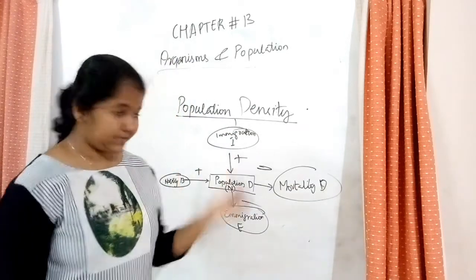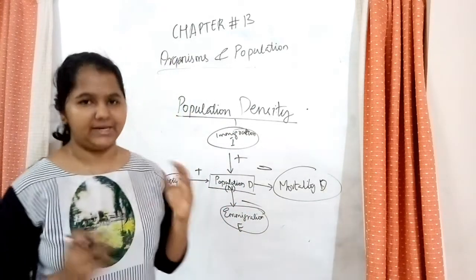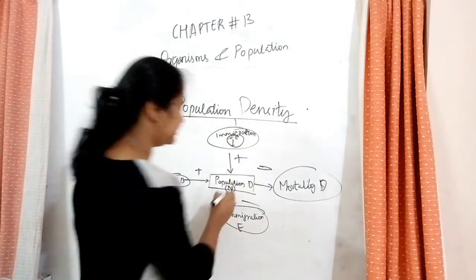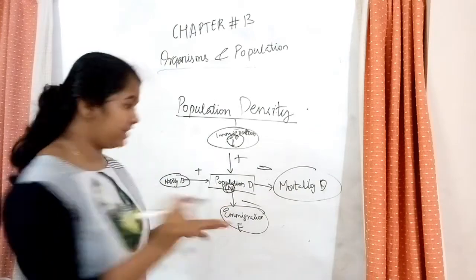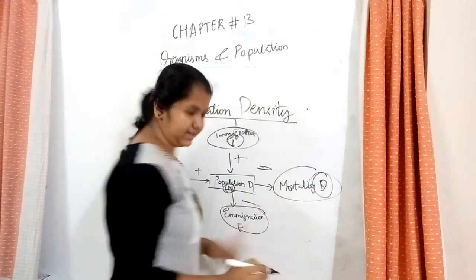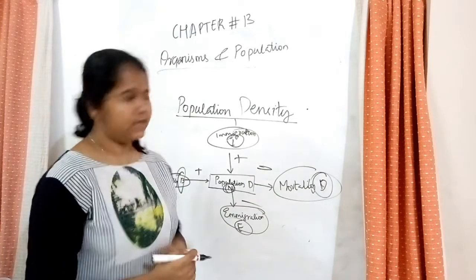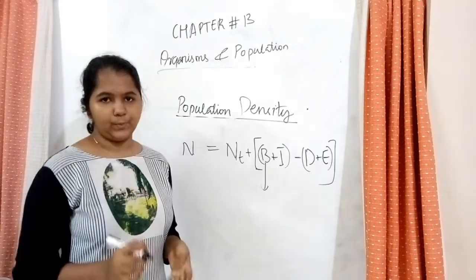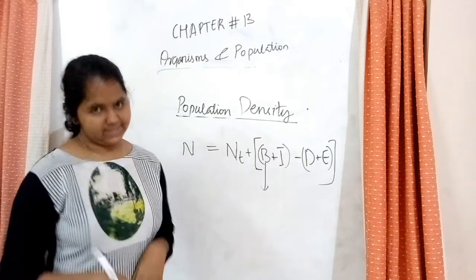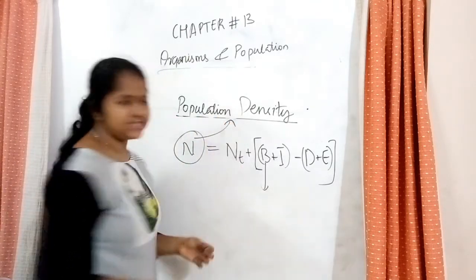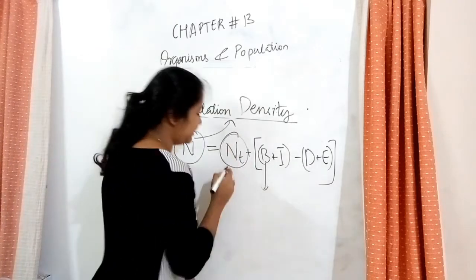Let's see the equation for population density. Before that, immigration is represented as I, population density as N, mortality as D, emigration as E, and natality as B. So the equation is N. What is N? Population density is equal to Nt. What is Nt?